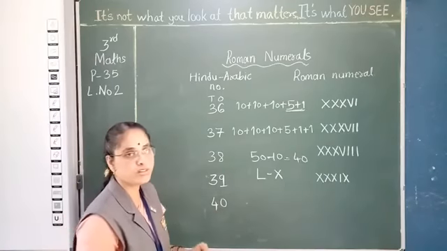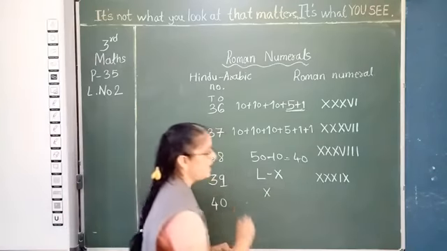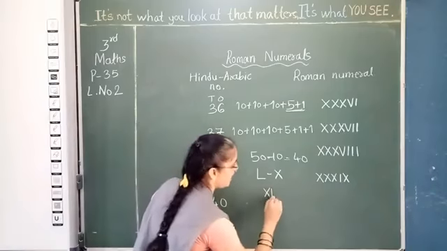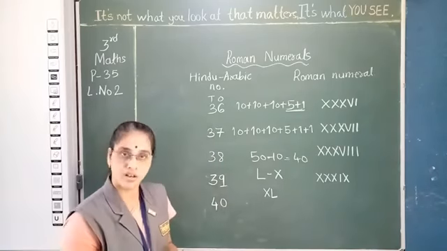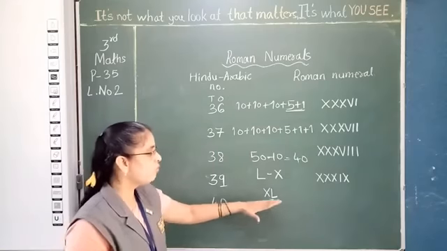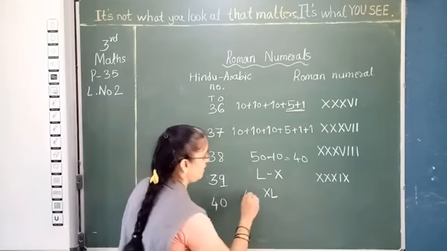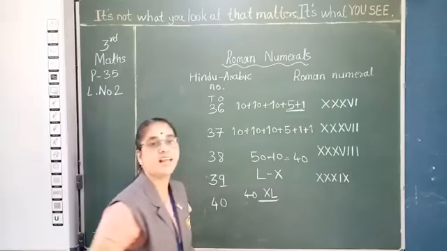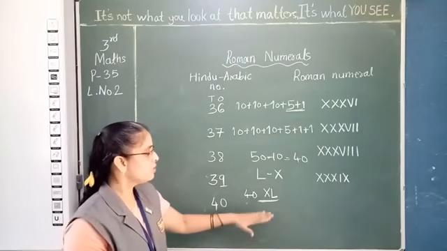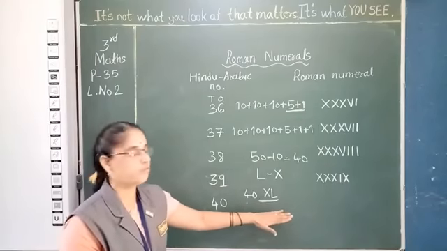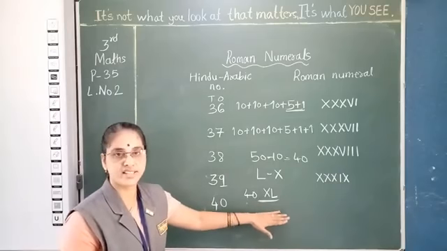Here the smaller symbol is X, and the larger one is L, which we use for 50. So what is the symbol for 40? That is XL. This is the Roman numeral for 40.